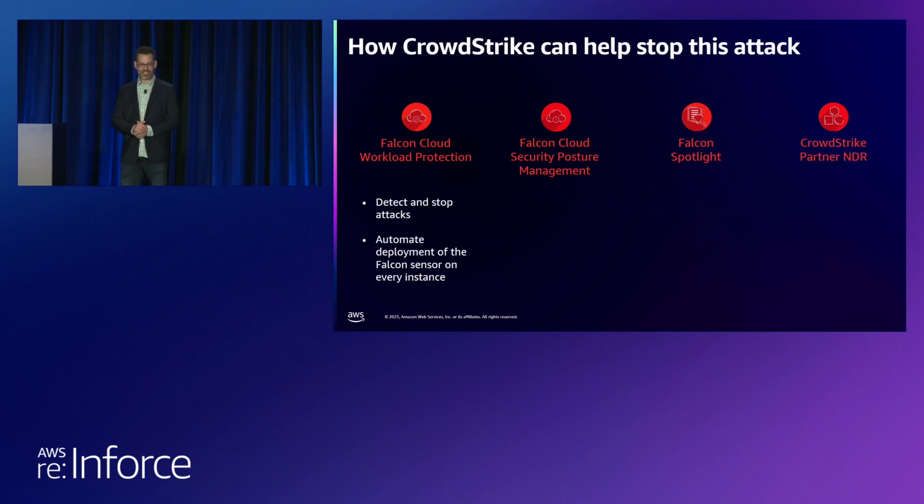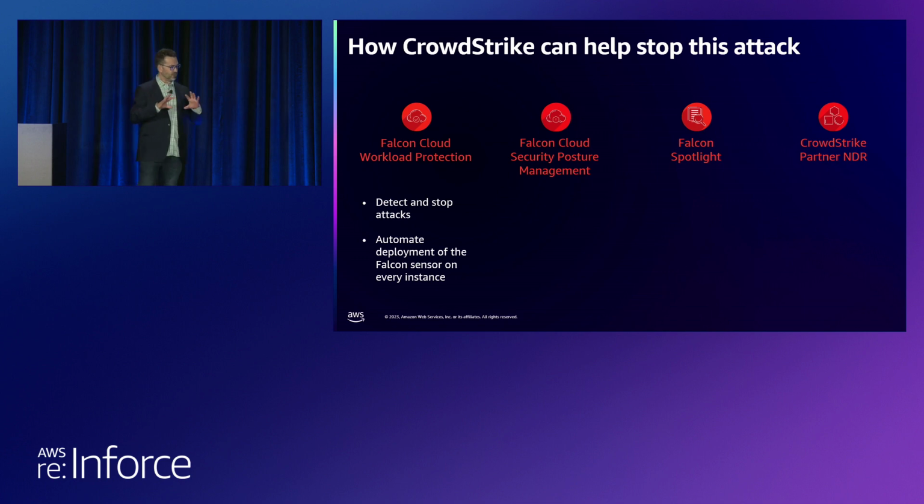So what do we have that's different? Falcon Cloud Workload Protection. Something I'd like to say about it: our sensor that is deployed on EC2 instances, we've really focused on making it super easy, because the harder it is to deploy, the more likely it's not going to get deployed. So we just released the Systems Manager distributor package, and we have an automation doc.